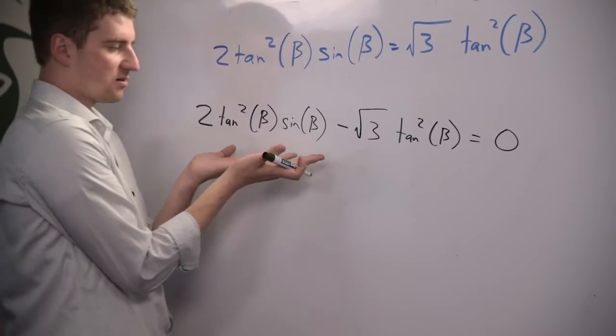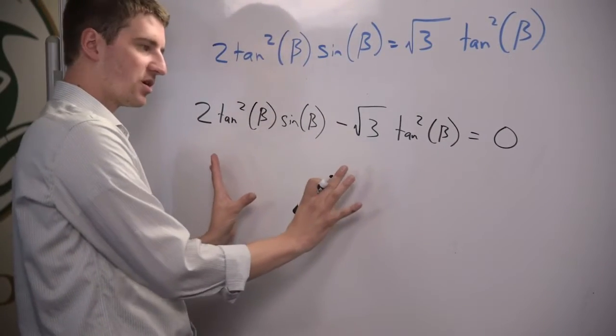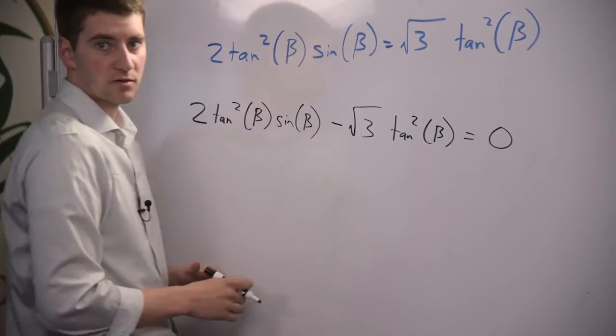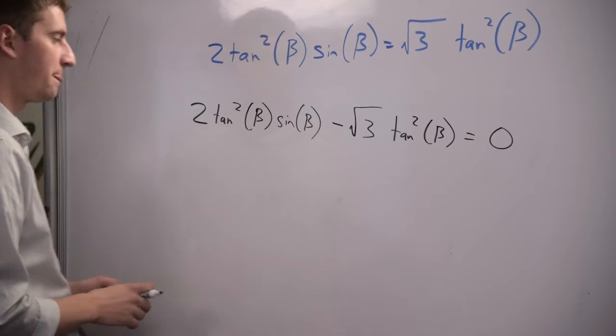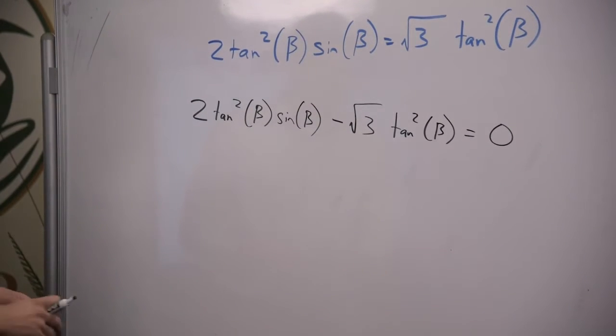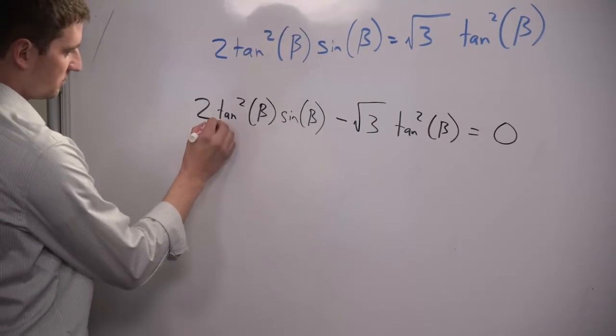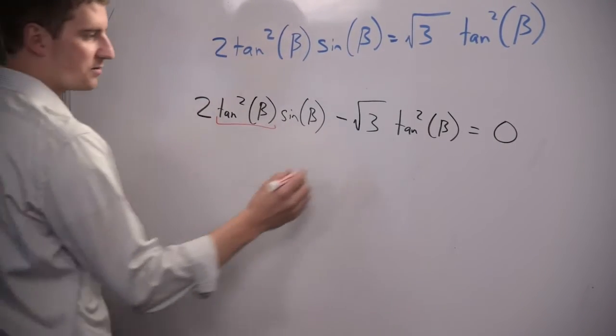Now that we have all of our mess on one side, if we can factor it apart, we can look at each of those factors, and one of them has to be 0, since we're multiplying to get 0. If we investigate this, we can see that both of these terms have a tangent squared.